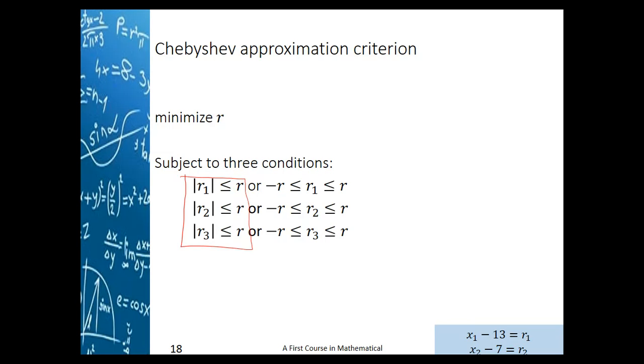But this is what makes it a little bit of a nuisance: we are dealing with absolute value. The idea behind using absolute value is to create the concept of distance, not the concept of plus or minus.